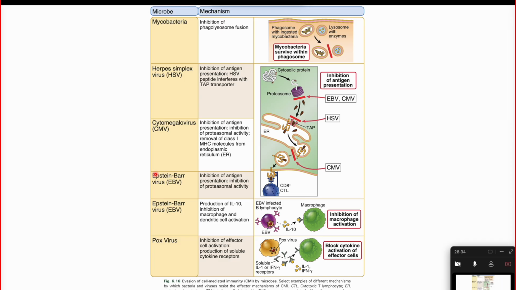Then these are the ways through which microbes evade cell mediated immunity. So we know that in some cases the microbe might evade our own system because we fall sick, right?